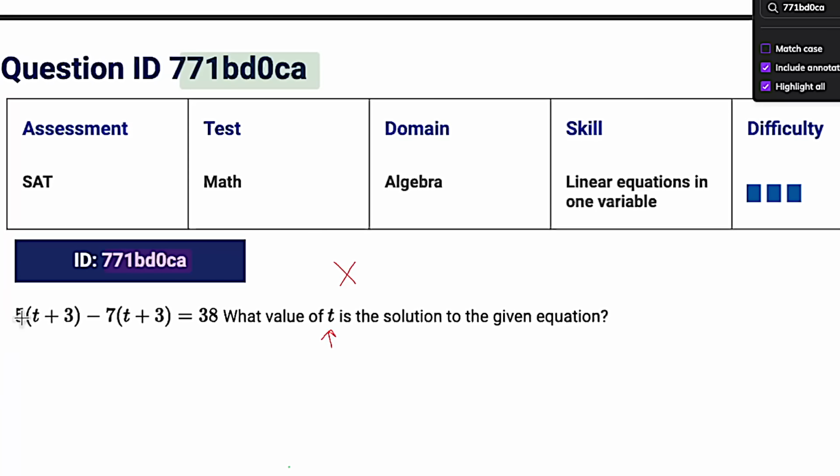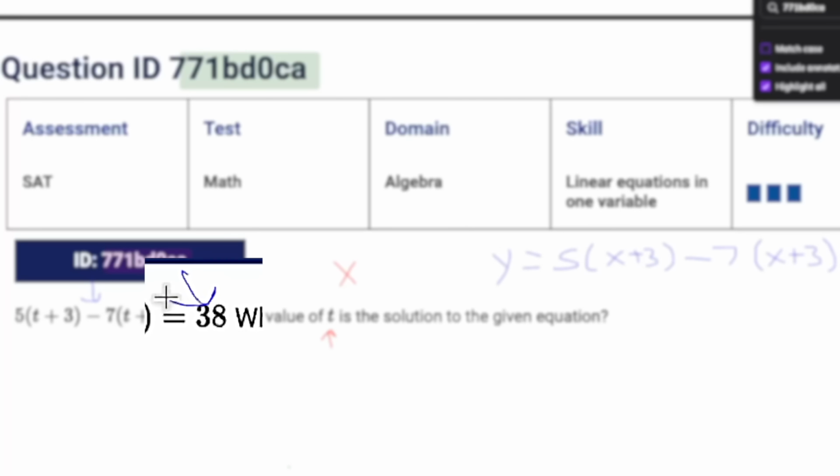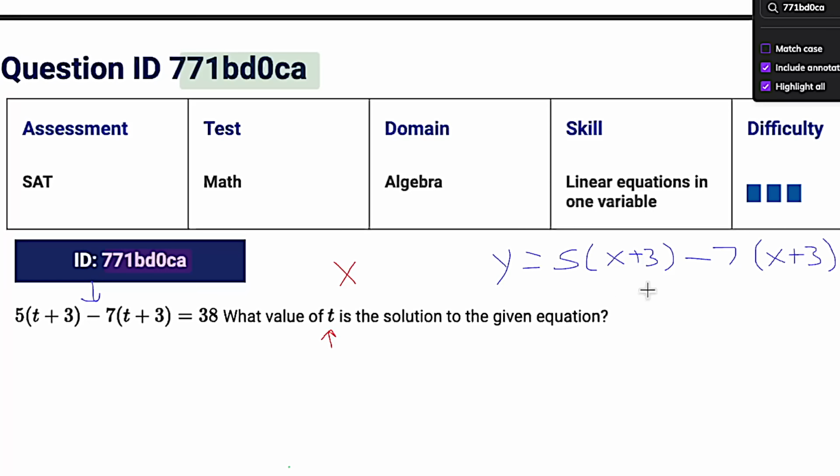So basically all you have to do is you take your left side and you say y equals my left side. So in this case, it would be y equals 5t plus 3, so I'll change it to x, 5x plus 3, minus 7x plus 3. And then my other equation would be y equals the right side, so y equals 38.